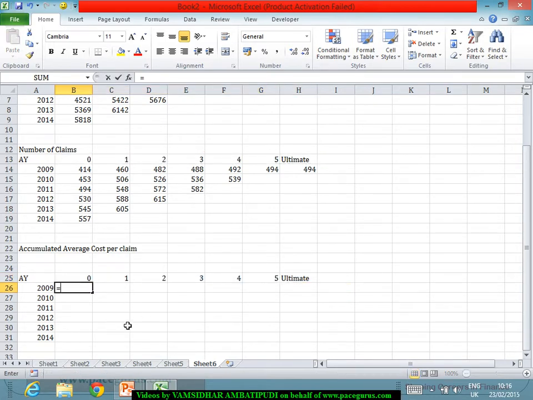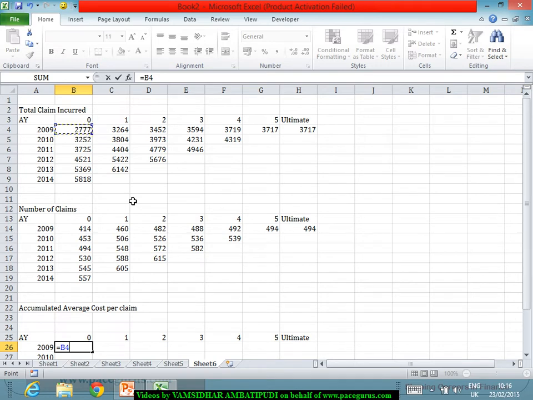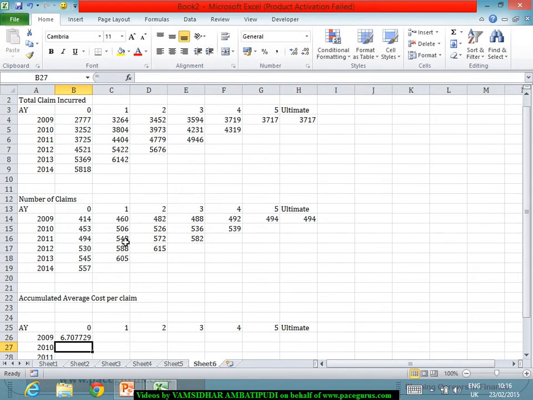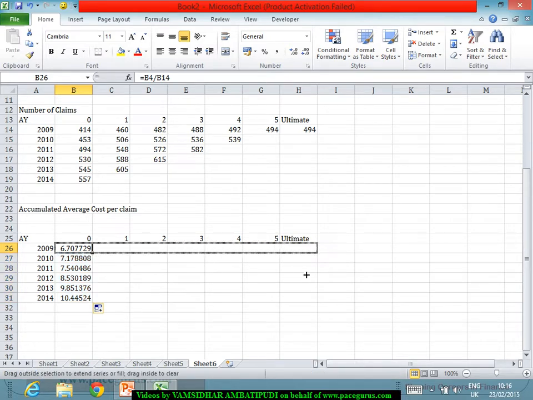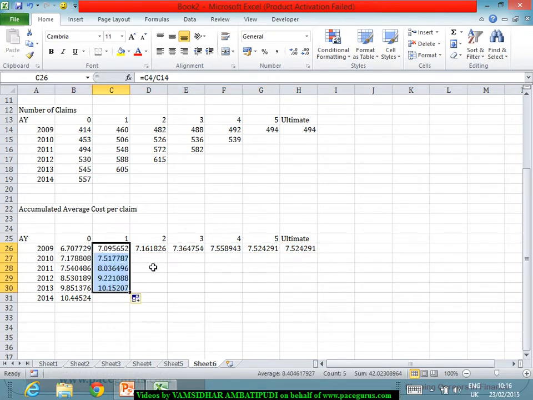Accumulated average cost per claim, the way we are simply going ahead is this number, we are dividing it by the number of claims. So almost 6,700 is the worth of the claims that got settled per claim. So these are the numbers that we are taking in each of the periods, and probably I can look at this same number for each of the periods. I'm doing it across the triangle. Across the triangle, I'm repeating the process.